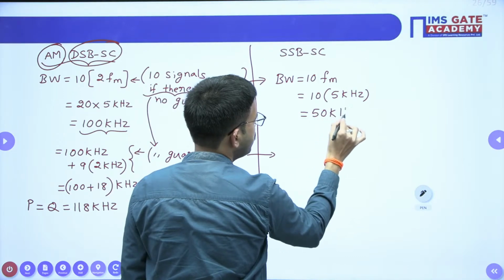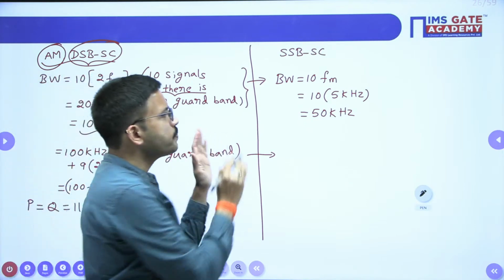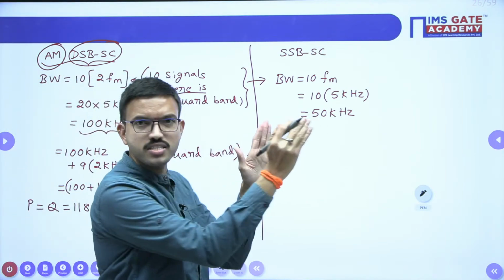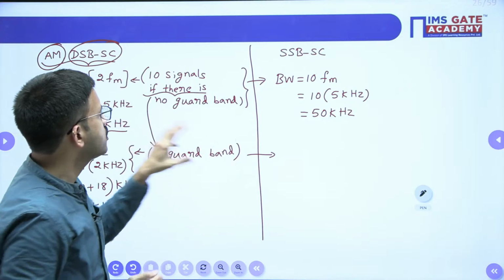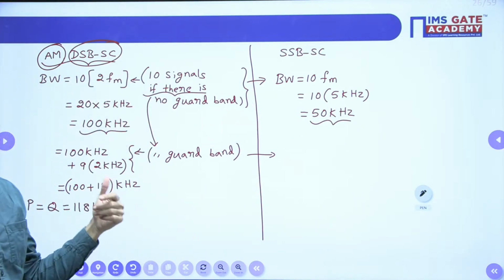This is the bandwidth you require if you are not providing any guard band. That means if there is no separation between any two signals in the frequency spectrum, then 50 kilohertz is sufficient. But in the question they have mentioned the guard band is 2 kilohertz, right?